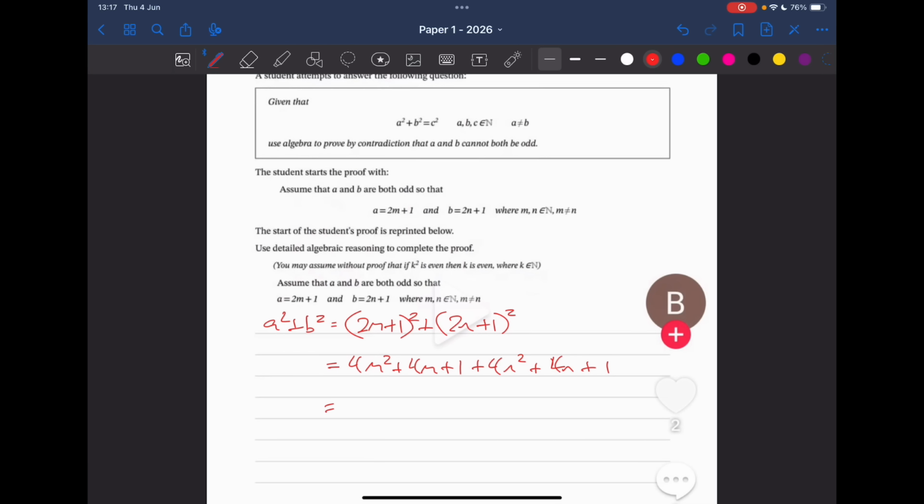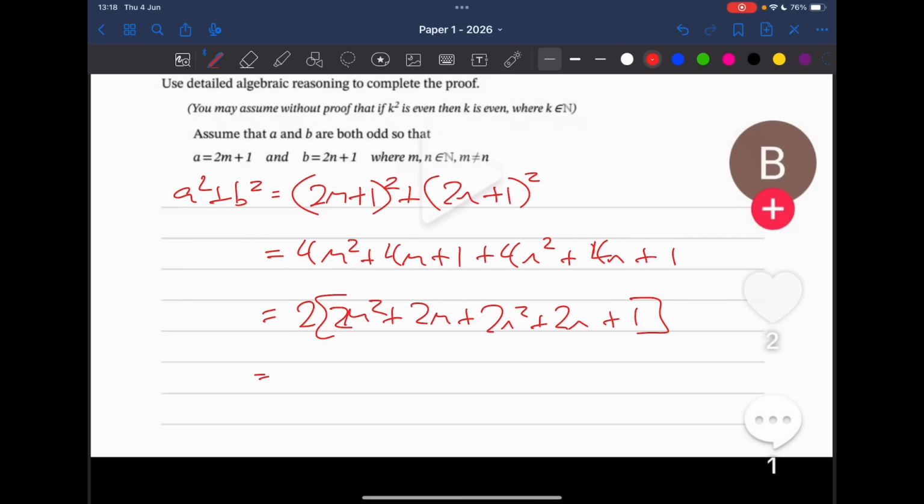So let's factorize a 2 out of that. What do I have left over? I've got 2m squared plus 2m plus 2n squared plus 2n plus a 1, like there's two 1s there, so half of that is a 1. And inside this thing, I'm going to factorize a 2 out of all the bits that are 2s. So 2 lots of m squared plus m plus n squared plus n plus 1.